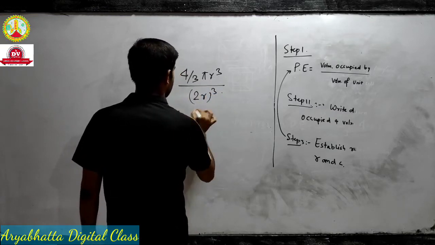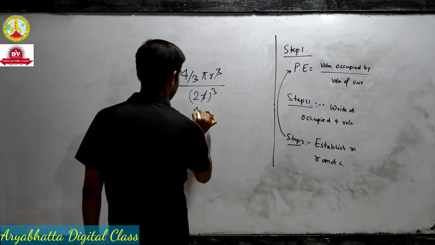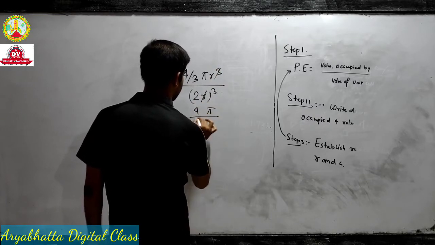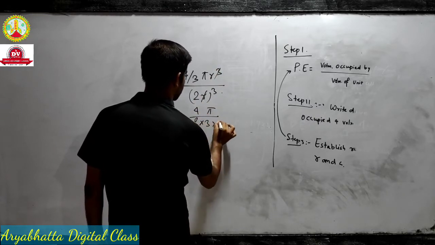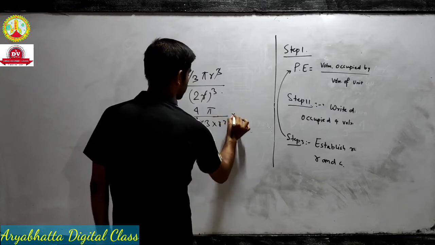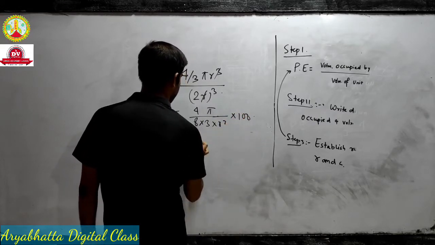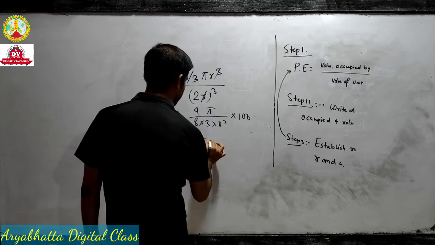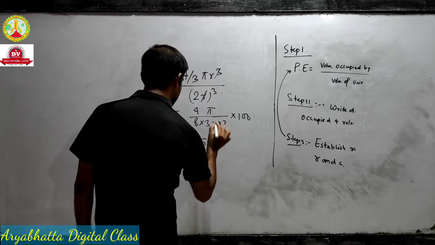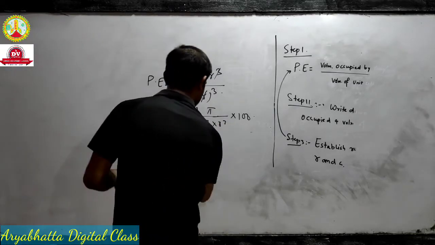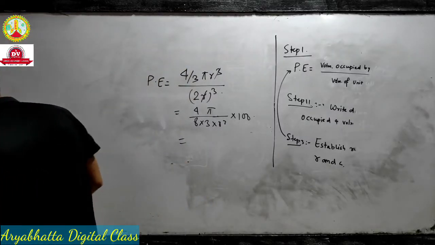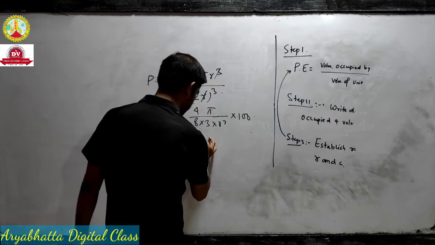We will lose our r and we will get 4 pi by 8 into 3 into r cube into 100%, and it comes out to be 52.4%.